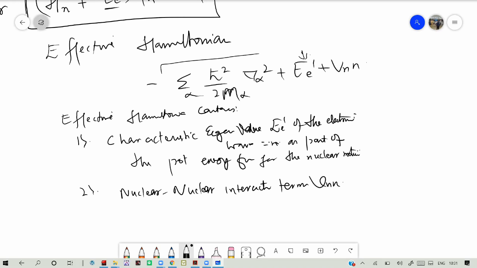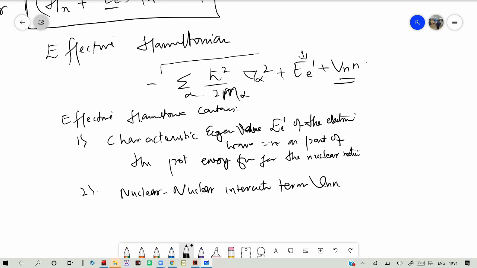So it is not the kinetic energy of the electron, but this is actually the energy, that characteristic eigenvalue of the electronic wave function, and it acts as a potential energy function for nuclear motion. And the second term, this VNN, becomes the nuclear interaction. So we have included all in this. By assuming that they are fixed, we can use this nuclear interaction term by using the Born-Oppenheimer approximation.